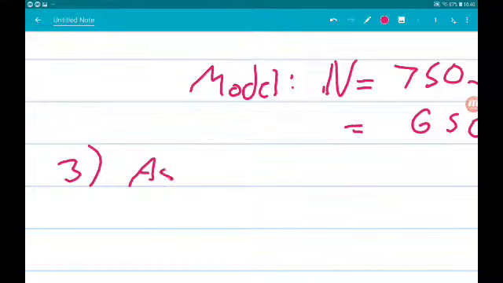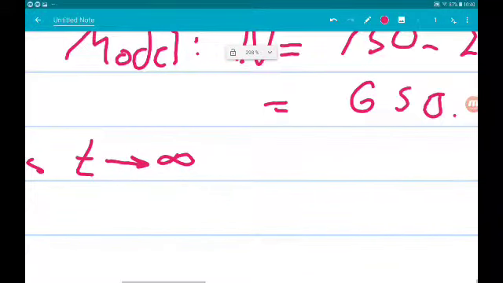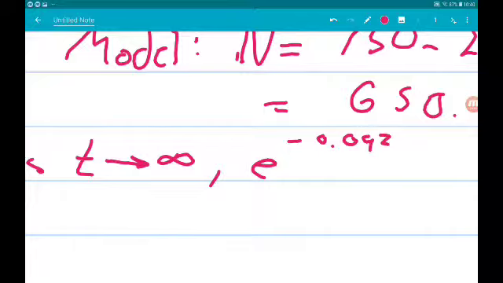As t tends to infinity, e to the minus 0.092t, because that's a negative power, the value of the whole thing will tend to 0.